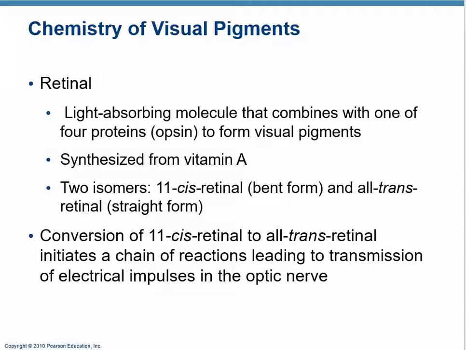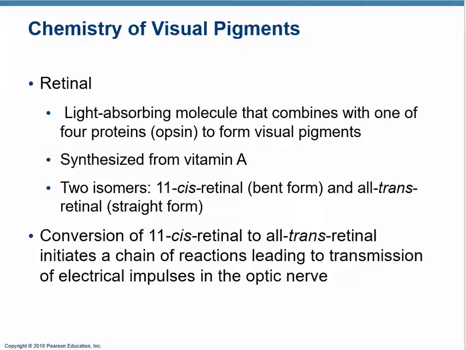So there's a couple of different pigments. So retinol is one. It's a light absorbing molecule, and it combines with a protein, right? It's made from vitamin A, and that's why you need vitamin A to see, right? And I'm not going to worry about cis versus trans and what it means physically, but basically cis is bent, trans is straight.